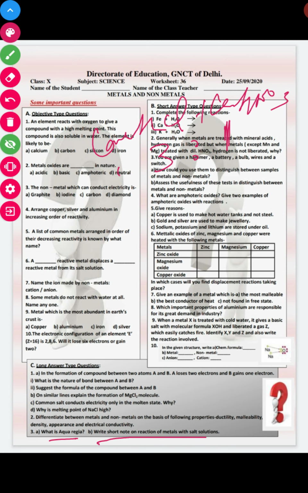And this is also called royal water. This is a solution of, as I told you, concentrated hydrochloric acid as well as nitric acid in the ratio of 3:1. It is used to dissolve noble metals such as gold, platinum and silver.